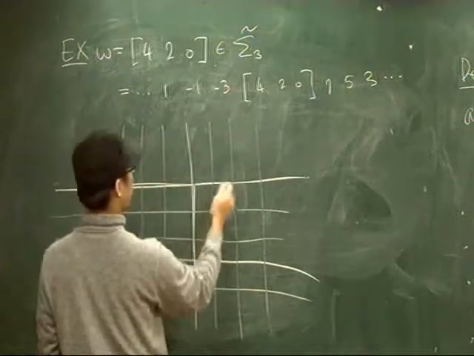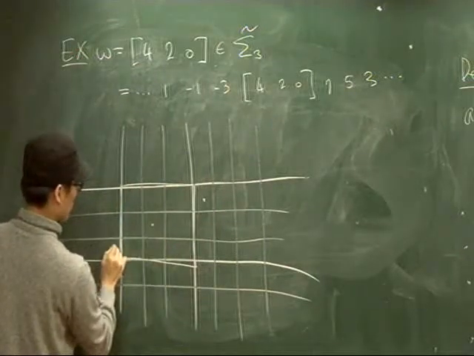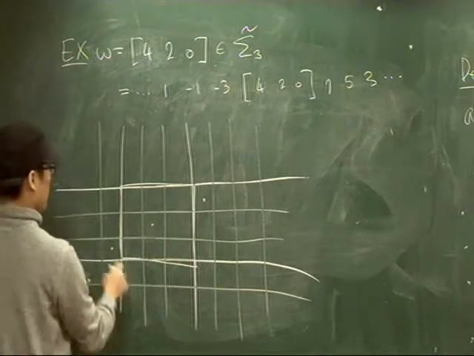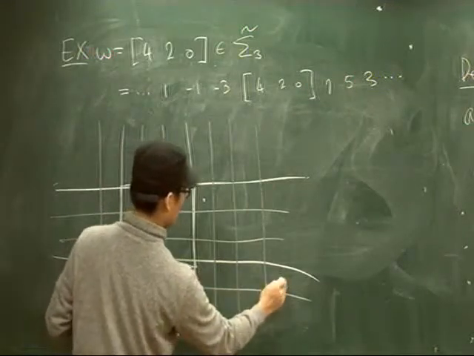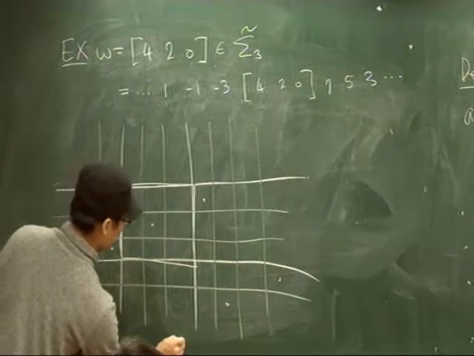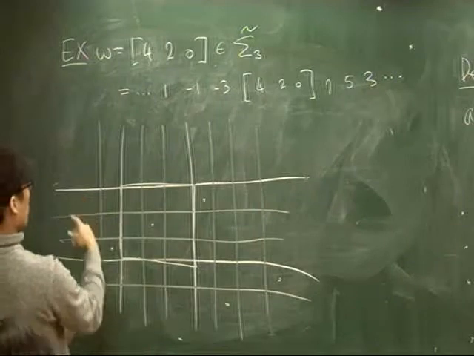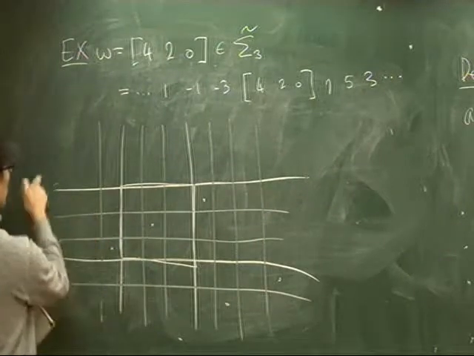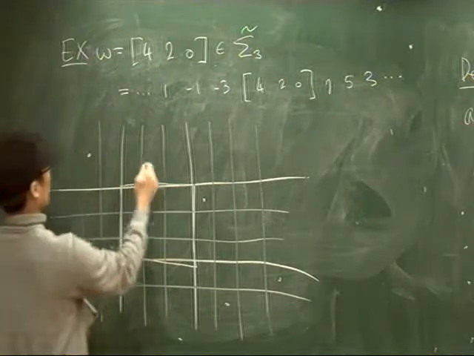We have 4, 2, 0, and 7, 5, 3, and here -3, 0, -3, -1 and 1.